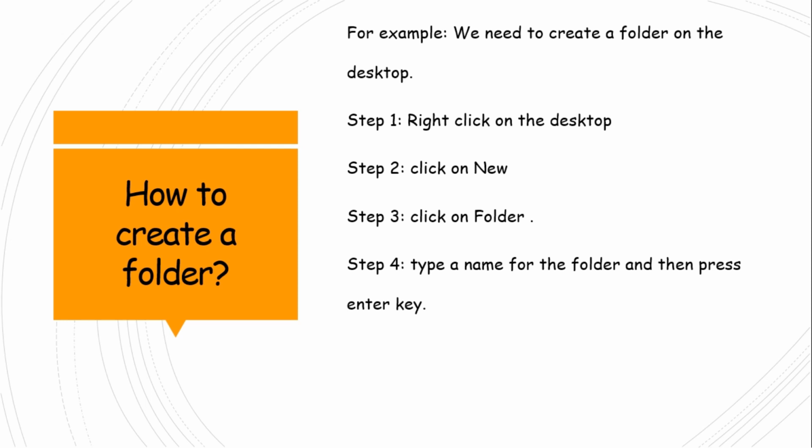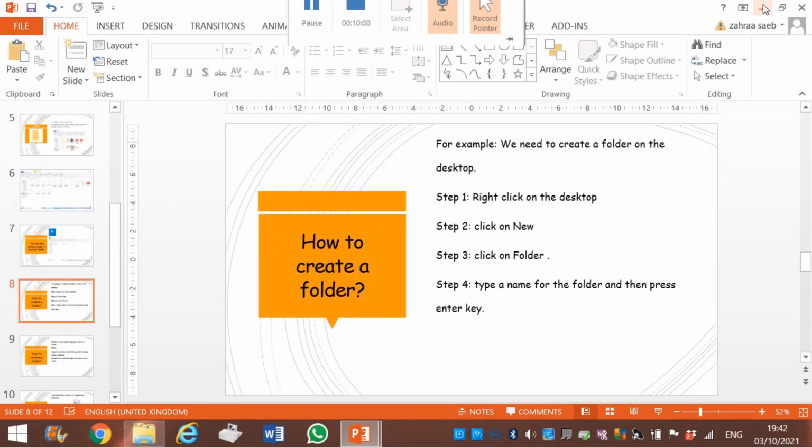Then you click on New, and after New, you go to Folder, and you give a name for your folder. After giving a name, you press Enter key. Let's go through an example.